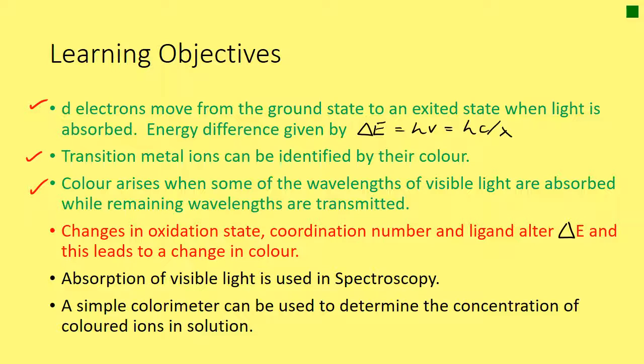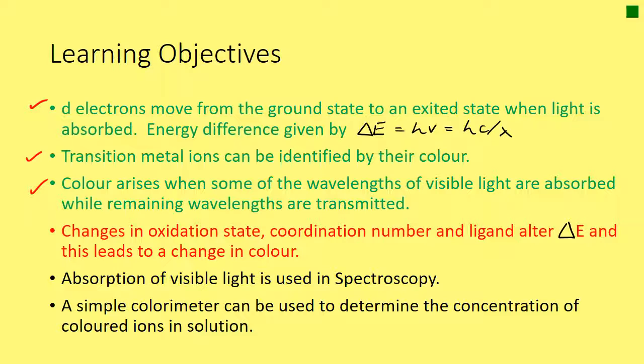Give them a little tick each, and what we can now go on to is to look at the list of 3 or 4 things that determine the difference in energy level between those 3d orbitals, and that is the oxidation state of the metal ion. We looked at iron 2+, so it's a 2+ oxidation state. Also the coordination number.